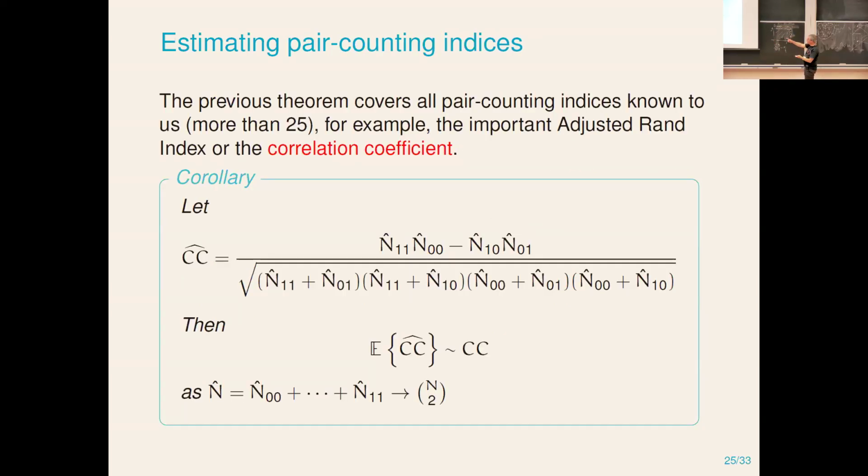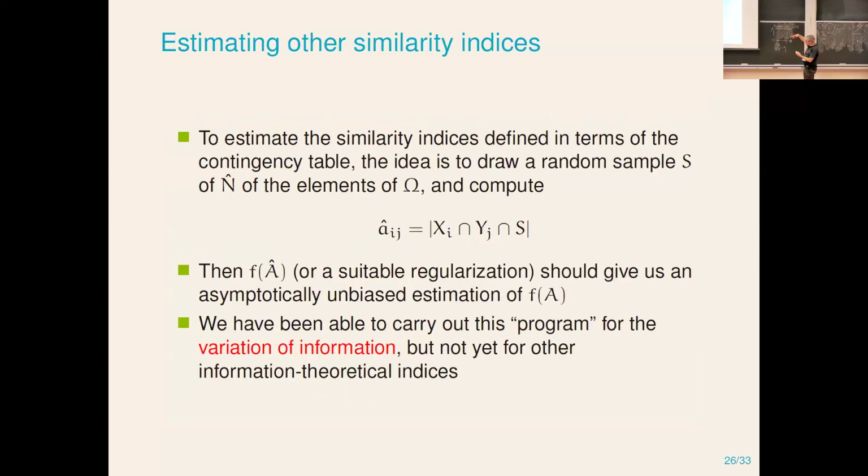With this theorem, we are able to cover all pair counting indices that we know, like 27. For information theoretic indices, things are more complicated, more difficult.